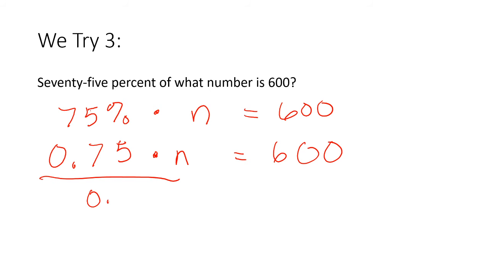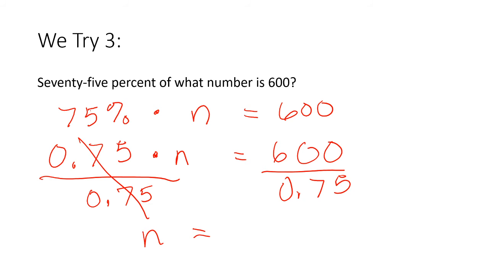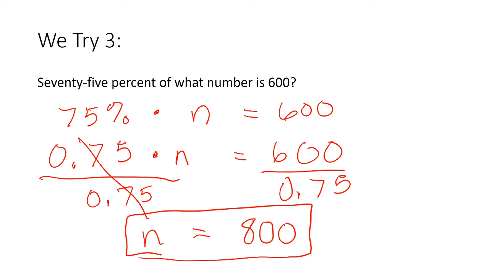Divide both sides by 0.75. And I'll get n is equal to, let me use my calculator really quick, 600 divided by 0.75 is 800. So the number I'm looking for is 800.